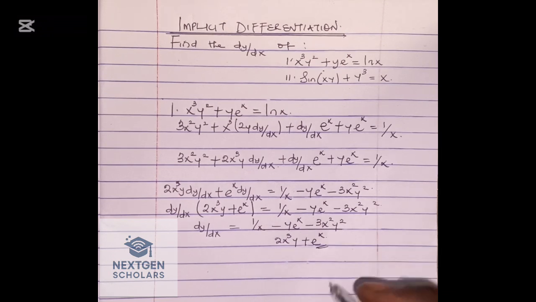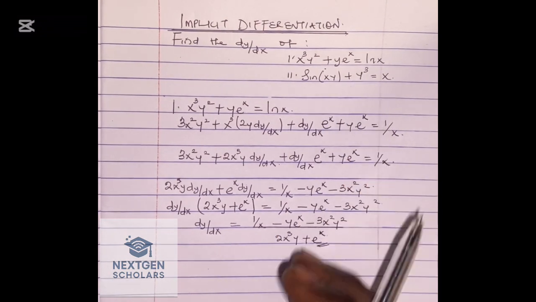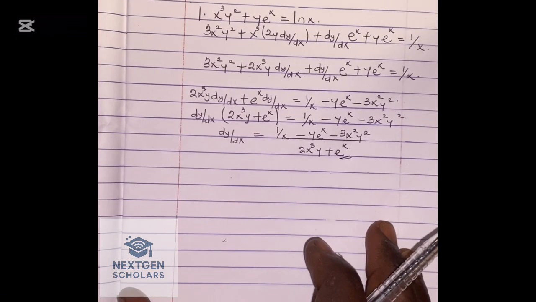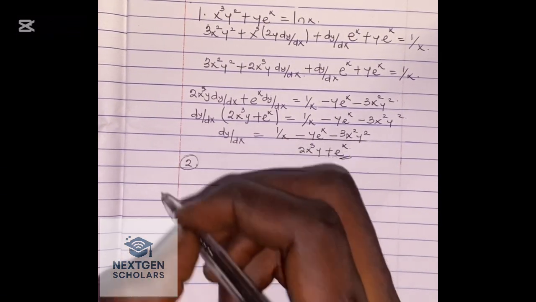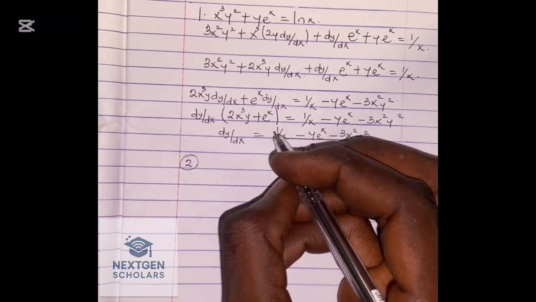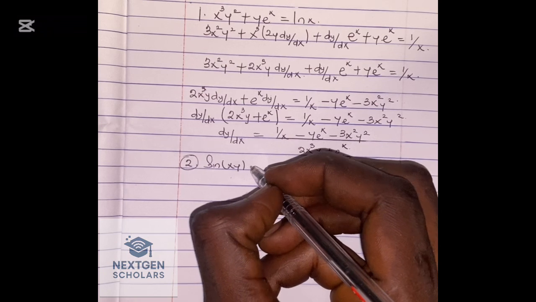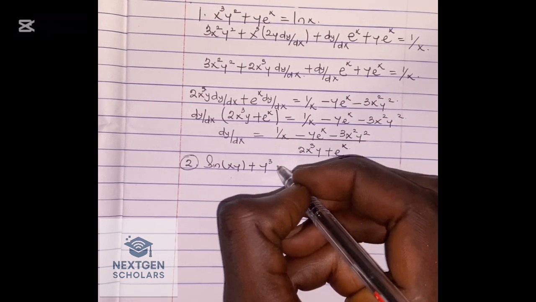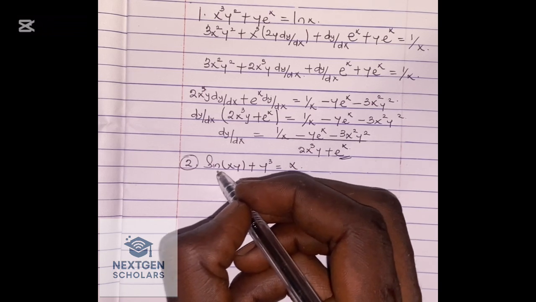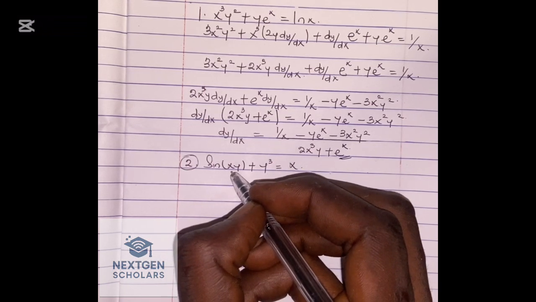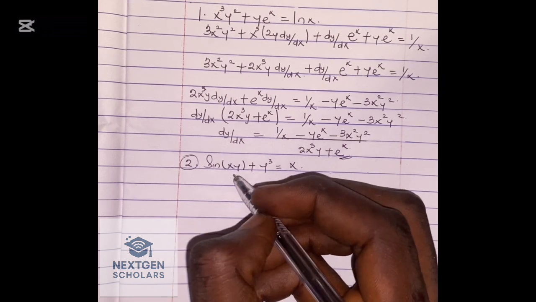The second one now says sin xy plus y cubed is equal to x. Let's quickly solve that as well and see what we get. Sine will give us cosine, but the angle here is xy, so the chain rule here will involve the product rule.